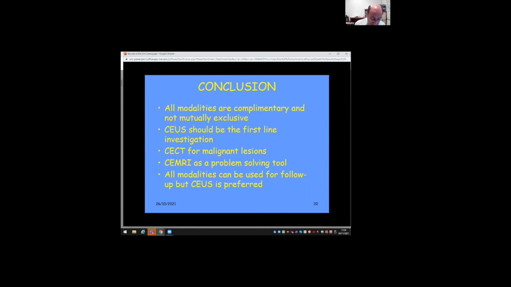And 5 cases had CT and ultrasound, and they were just cases where CT had seen hyperdense cysts, and they just wanted us to look to see whether they were simple or complex.